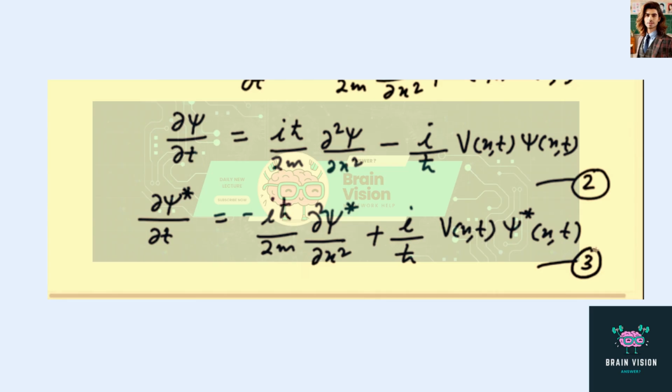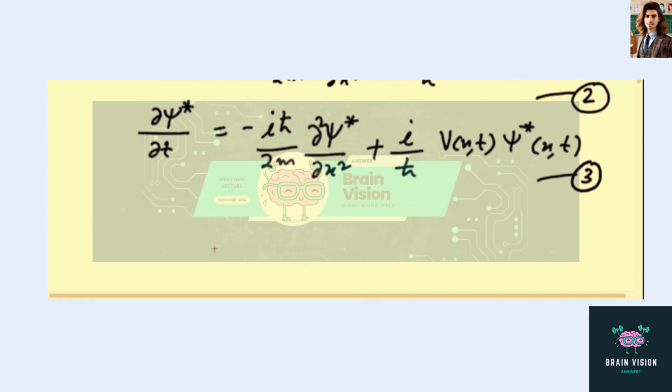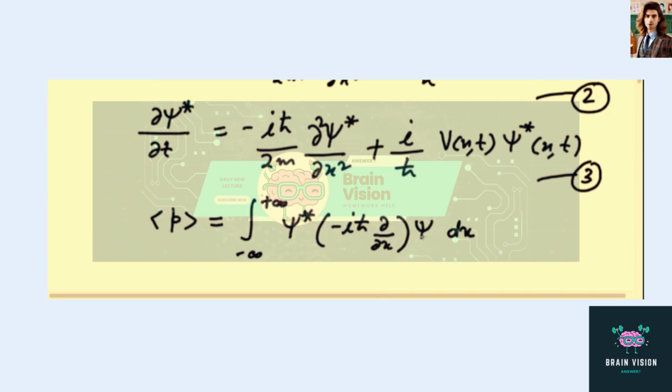Now let's calculate the expectation value of p, which is defined as the integral from minus infinity to plus infinity of psi star times minus i h bar del by del x of psi dx. We are assuming this p is p x only.